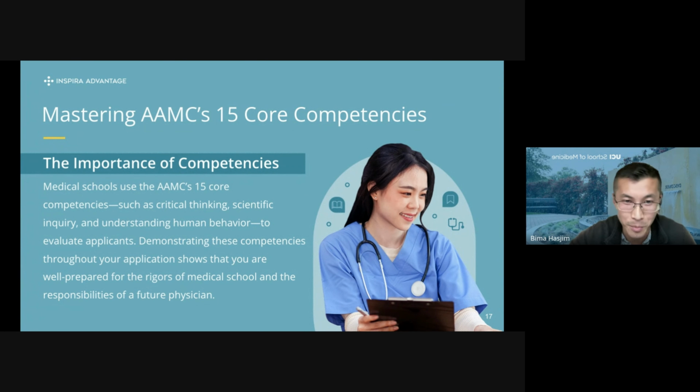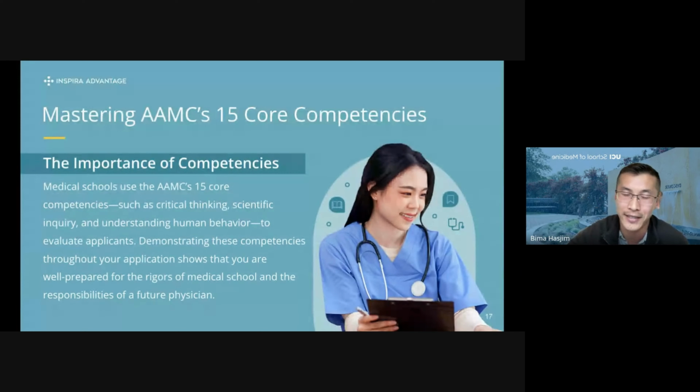They're pretty self-explanatory, like critical thinking, scientific inquiry, understanding human behavior, being ethical, etc. These are good to keep in mind as you're crafting your narrative, like Dr. Gomez said. And I think just make sure that you don't necessarily have to craft your entire application to hit all 15.